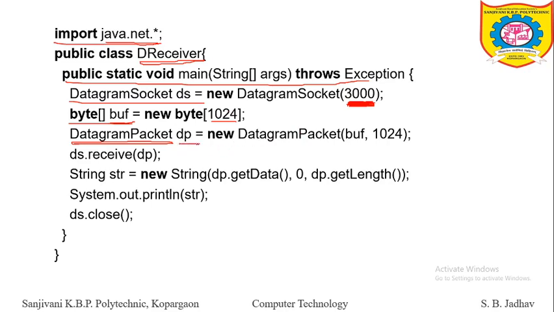So datagram packet dp equal to new datagram packet, and we have passed a parameter buffer which is a byte array and its size as 1024, and this datagram packet dp will be used to receive the data sent by the sender, and that is why we are using the ds.receive method, and a parameter of type datagram packet is used.